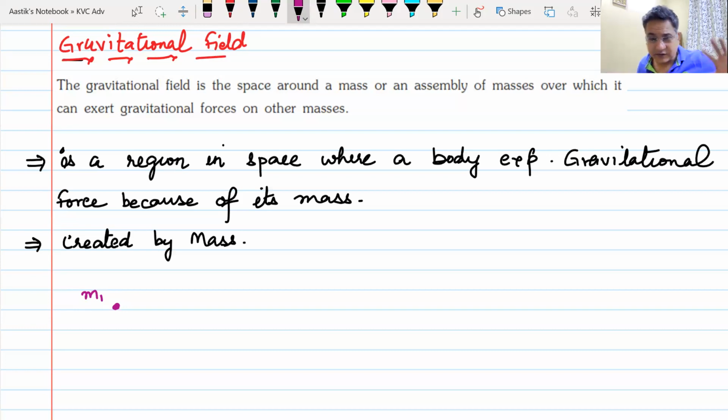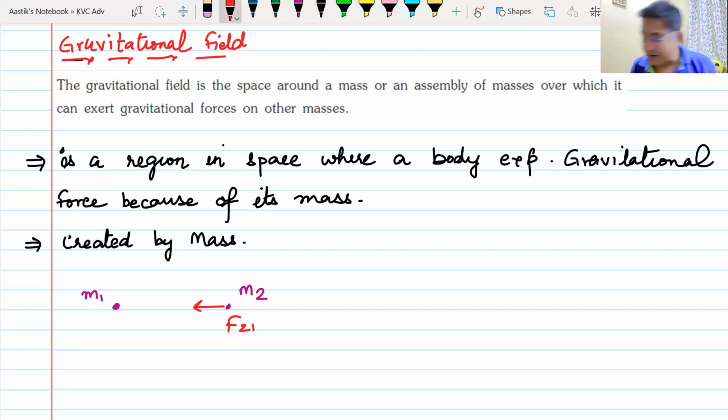So this mass m1 has created a gravitational field around it. Now if you bring another mass m2 in the gravitational field created by mass m1, this mass m2 will start to experience a force, and that force is the force experienced by 2 because of 1. That is the gravitational force. Do we understand this?